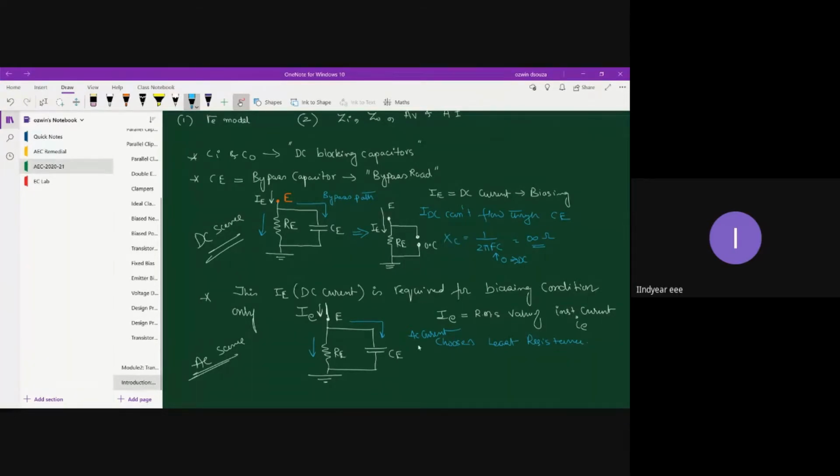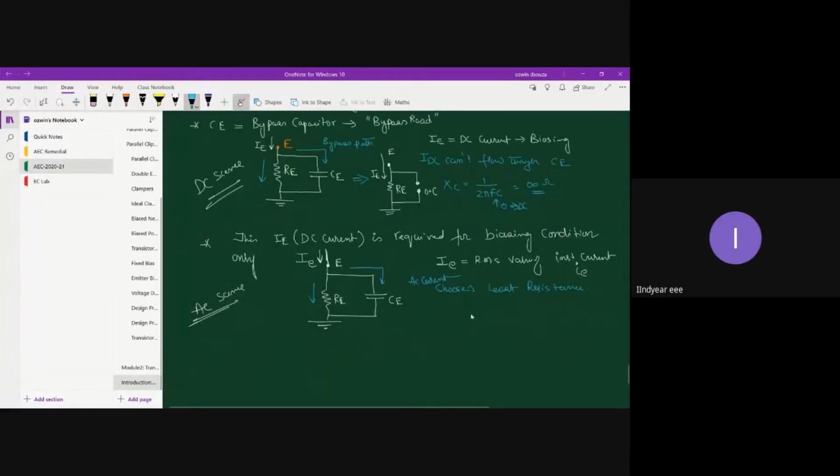On the other hand, for AC, the reactance offered by XCE is less than the resistance value RE. Since XCE is less than RE, the capacitor behaves like a short circuit.